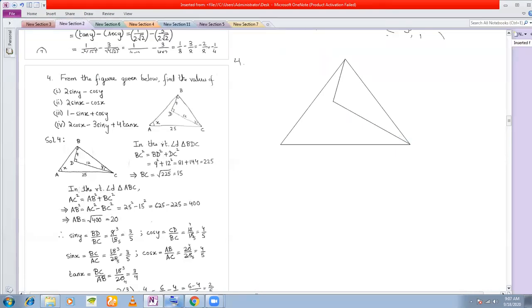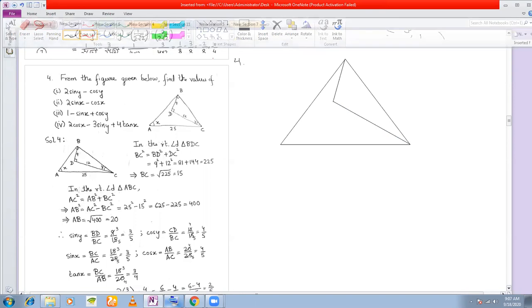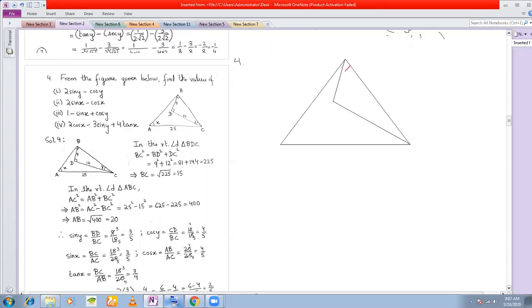In this figure, you should keep an eye on the angle. This angle is given to be a 90-degree angle. Also, this angle is given to be a 90-degree angle.